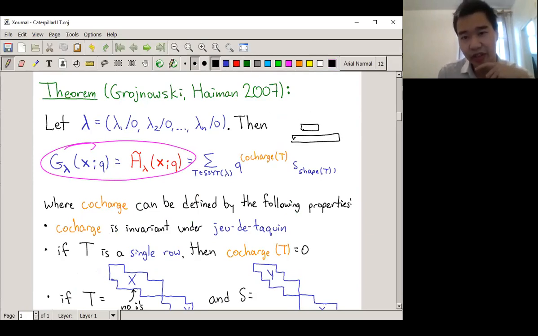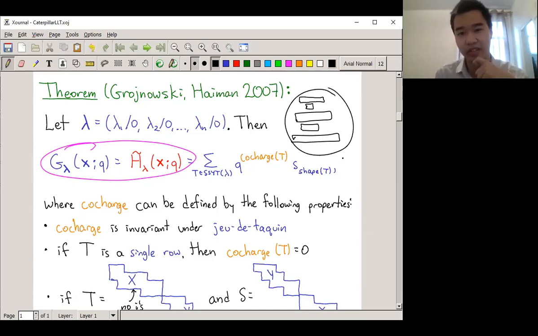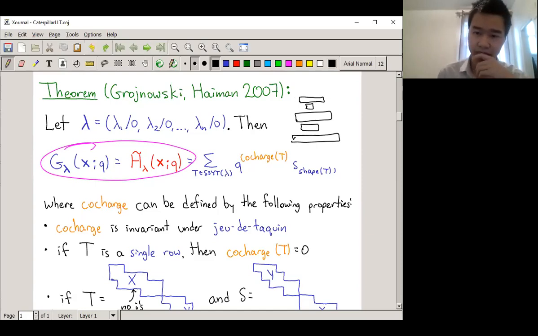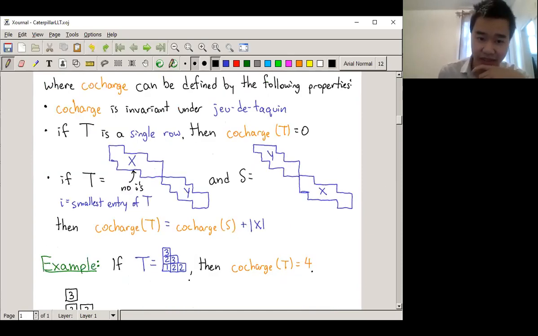So I'm going to say if the rows look something like this, then this is true. The LLT polynomial for the tuple of rows will be this Hall-Littlewood polynomial. I guess I'm saying something a bit more specific just because it's a bit easier to state. But in a situation like this, this will hold. Thanks for the question.